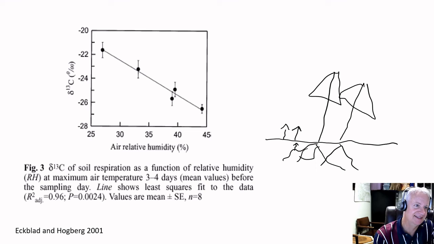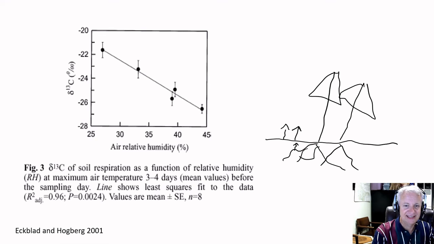And what they're finding is that that is very tightly correlated with relative humidity several days before. And what we're seeing is that there's less discrimination when there was lower humidity 3 or 4 days before, and greater discrimination when there was higher humidity 3 to 4 days before.